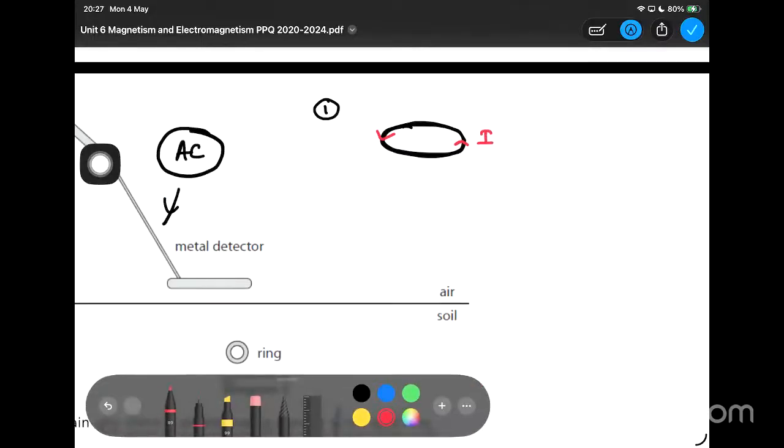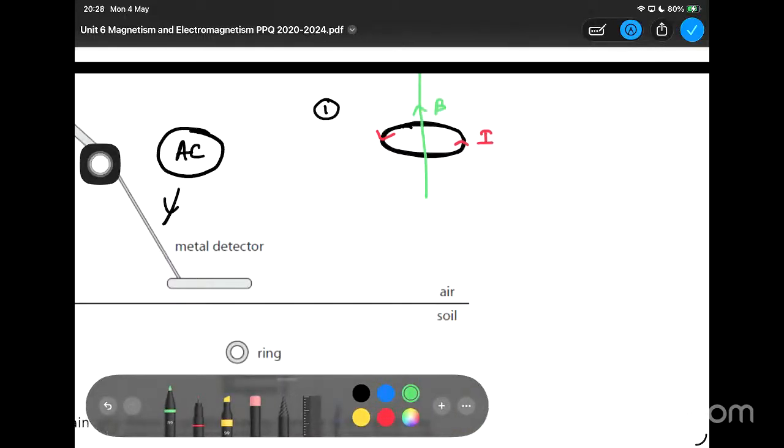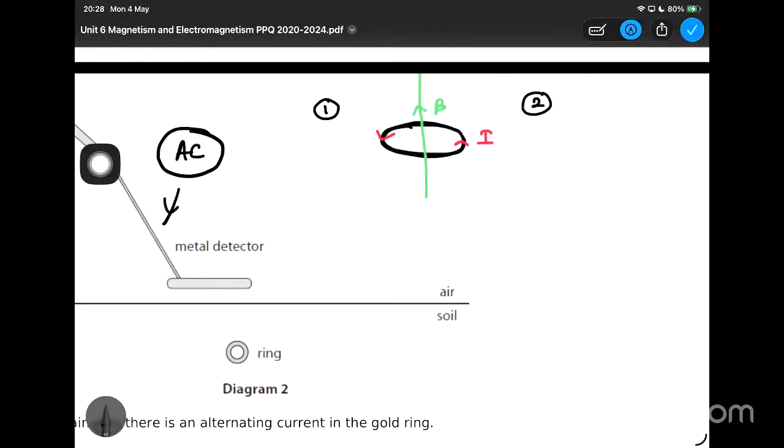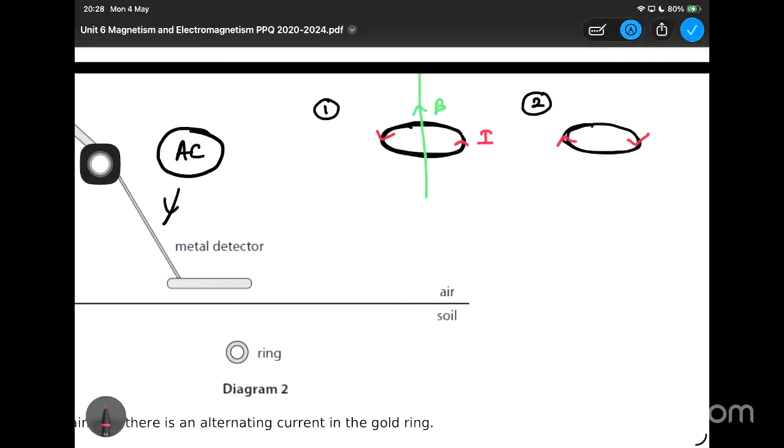If the current is going in this direction, there will be a magnetic field generated in this direction. This is the first split second. And since it is experiencing alternating current, the same ring now has the current moving the other way around, in this direction, in the very next split second.